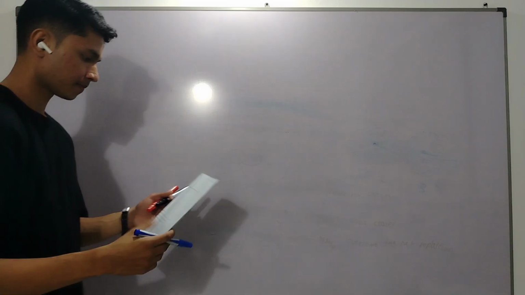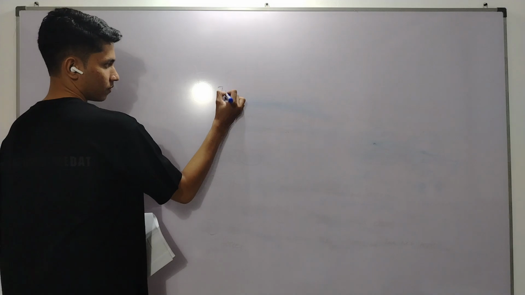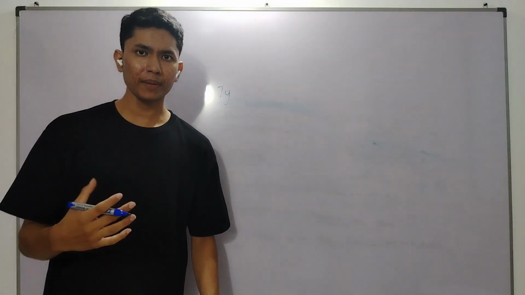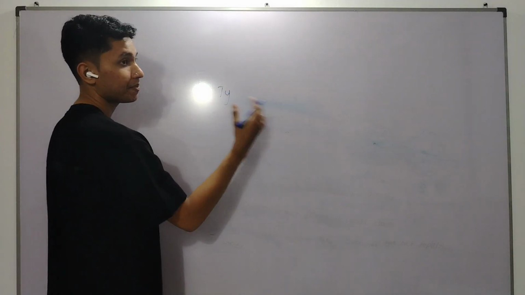Okay, now the next topic we are going to discuss is types of overlapping. Now we know that two orbitals will overlap. In this part we are going to discuss how it overlaps.